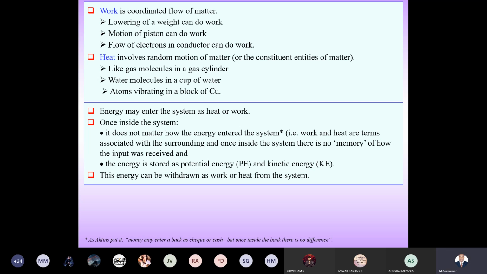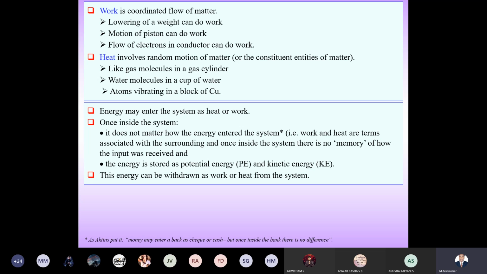Once inside the system, it does not matter how the energy entered the system. The work and heat are terms associated with the surroundings, and once inside the system, there is no memory of how the input was received, and the energy is stored as potential energy and kinetic energy. Right, so these are the terms involved in energy.